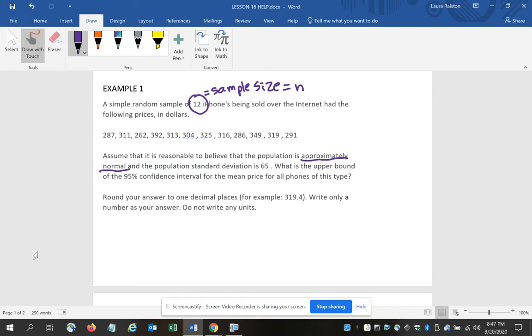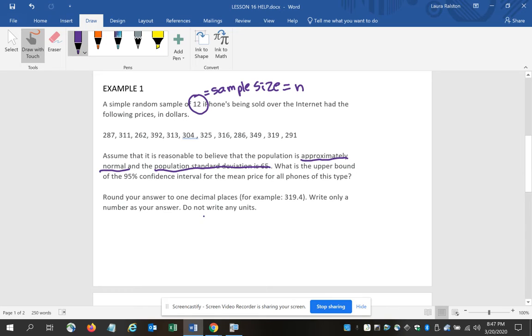Also, if you continue to read, it says the population standard deviation is 65. And then it says, what is the upper bound of the 95% confidence interval for the mean price of all phones of this type? It wants you to round your answer to 1 decimal place and write only a number. Do not include the units.